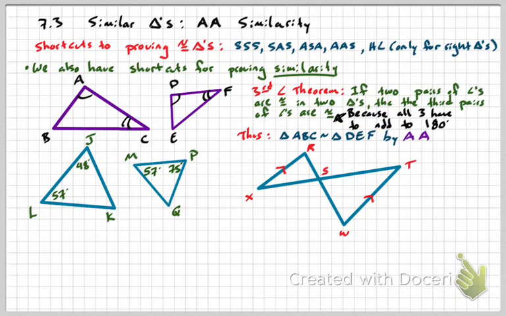So 180 minus 57 minus 48 allows me to then say that this angle is 75. So I can say triangle JKL is similar to triangle. Now J is 48, which means Q is 48. And then K is 75, P is 75, so I would say P next, and then M.